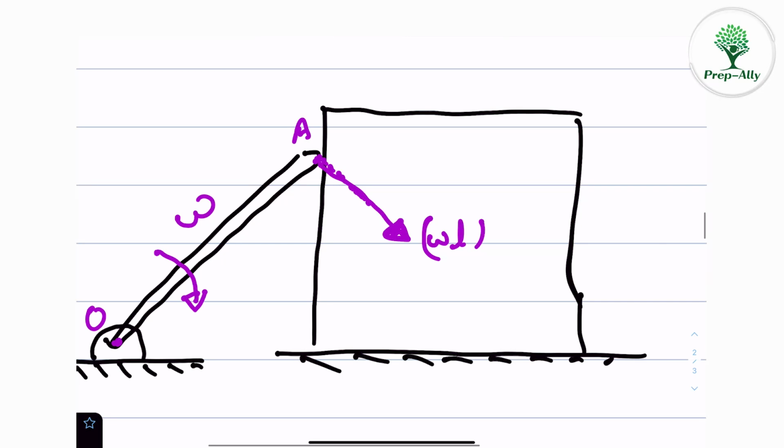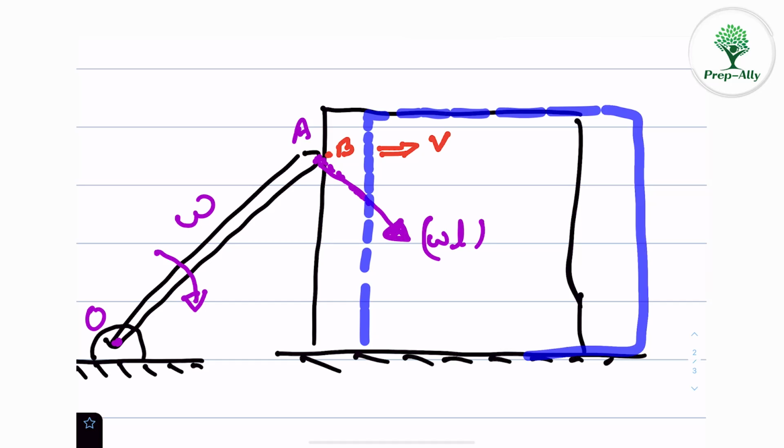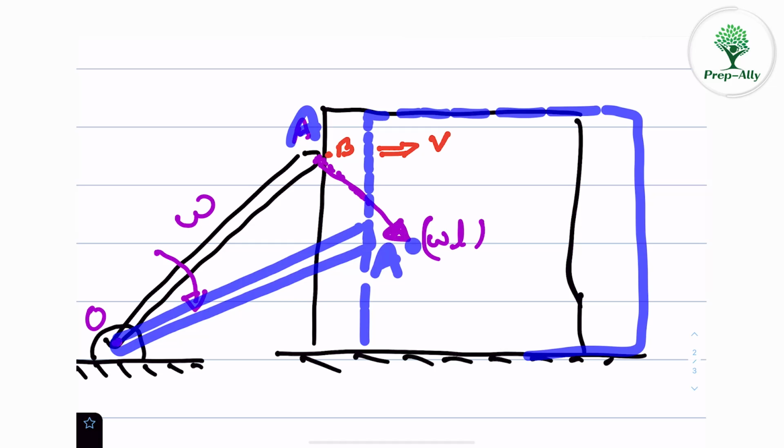Now if you talk about this point B, which is a point on the block, B is going towards the right with a velocity v. The thing is, A and the point on the block are always in contact with each other, which means their forward displacements are the same. When the block moves like this, A will come here, from A to A dash.